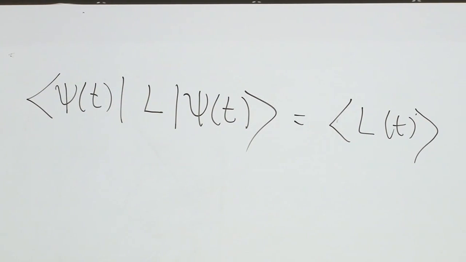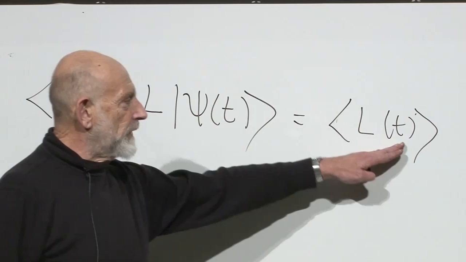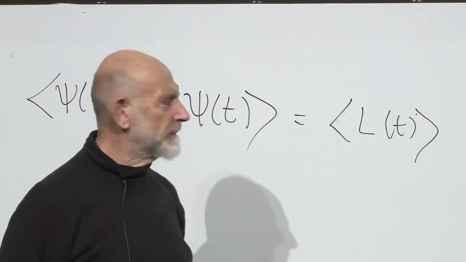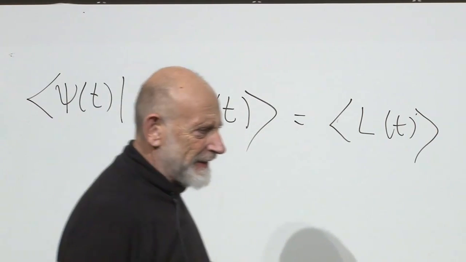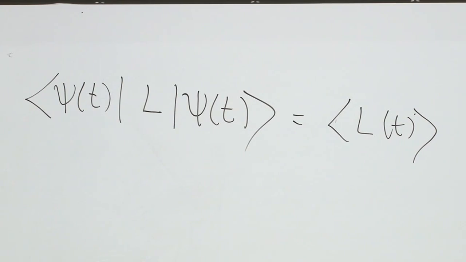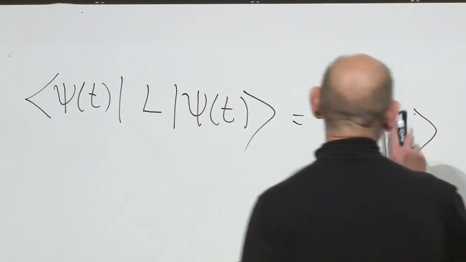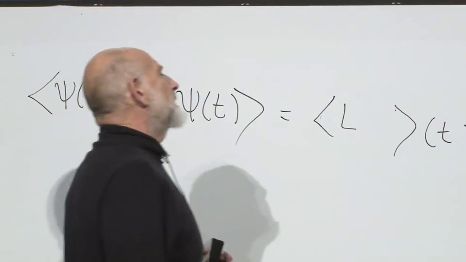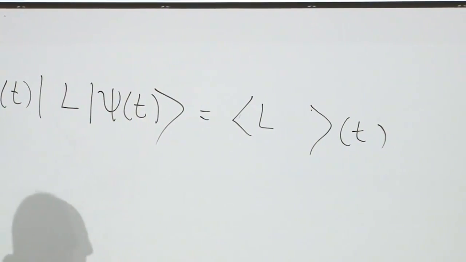It's not the average of L of t, it's the average of L as a function of time. Maybe put the t outside the bracket. That's non-standard, but why don't we just go with standard notation?